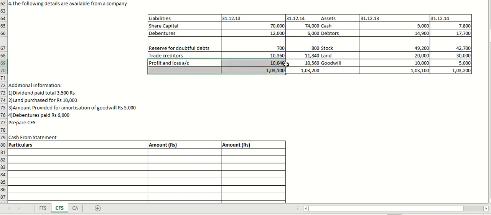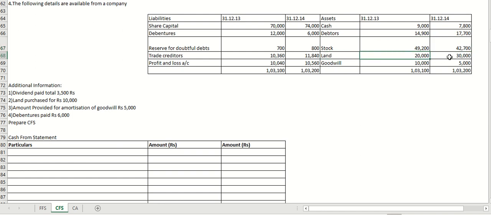Profit and loss account is the opening and closing balance, and net profit is not given, so this is the amount you will start your cash flow statement with. Cash opening and closing balance will be taken respectively at the end of the statement. Debtors is a current asset, it has increased, so you will minus it. Stock is a current asset, it has decreased, so you will add it.